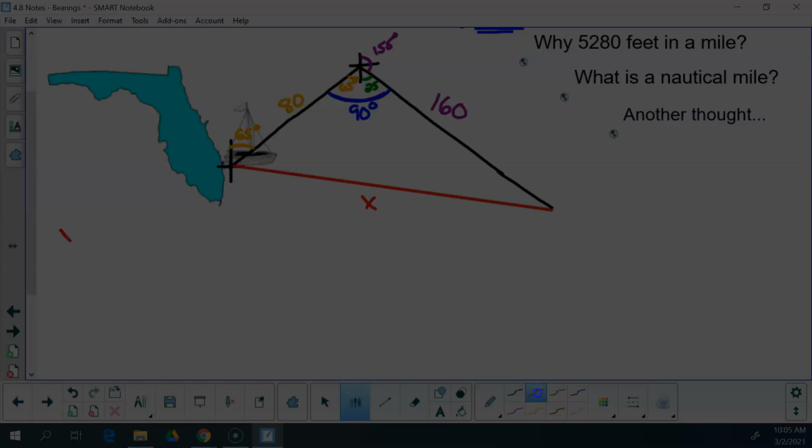So we're going to have X squared is equal to 80 squared plus 160 squared. And 80 squared plus 160 squared gets me 32,000.